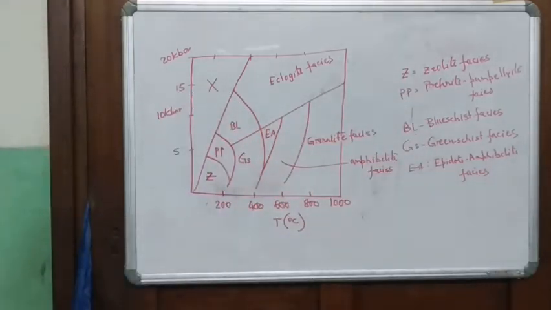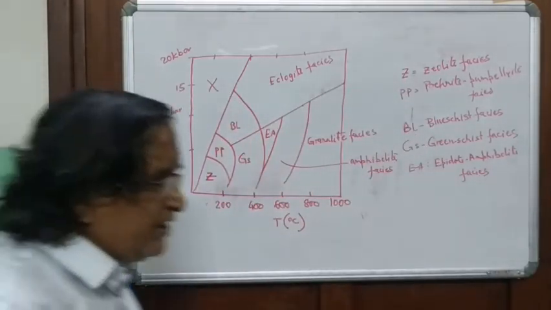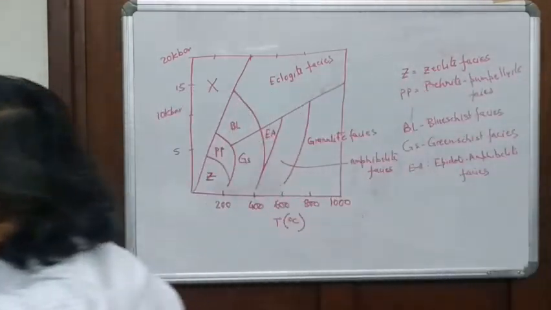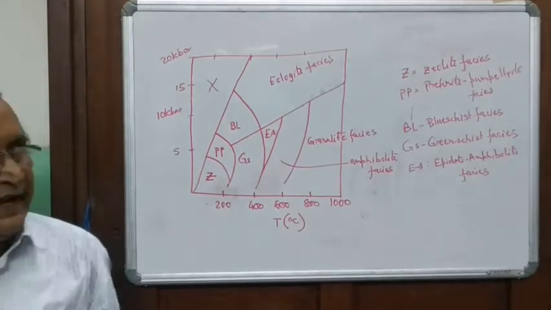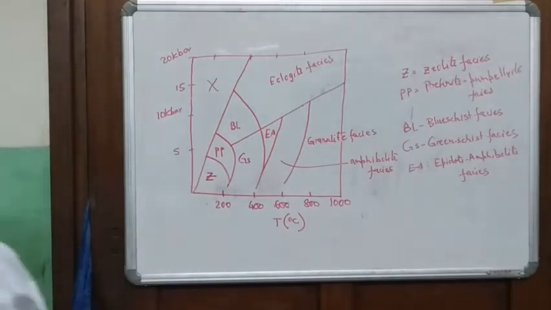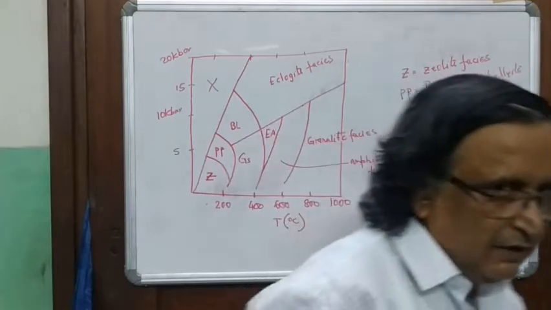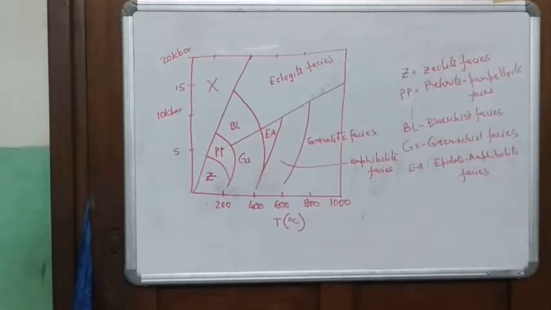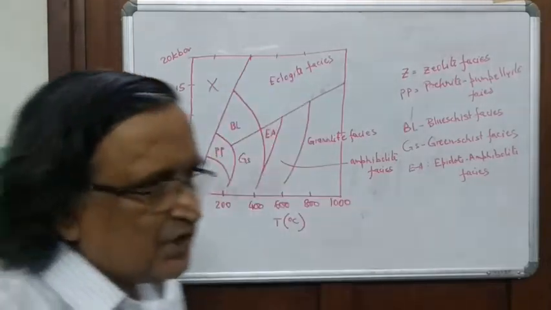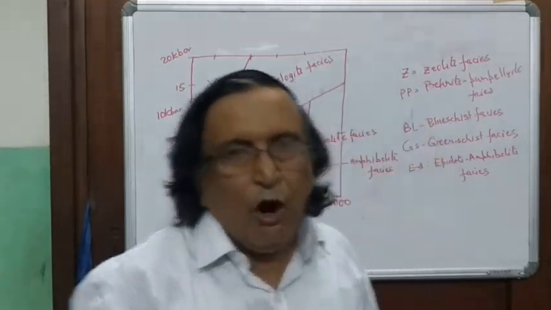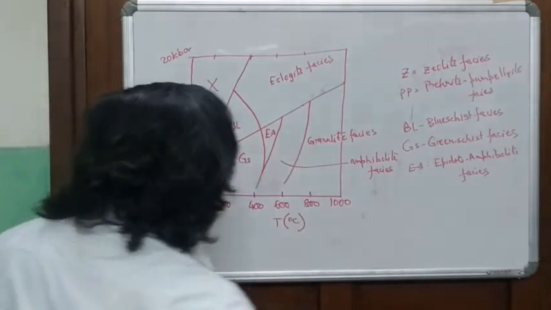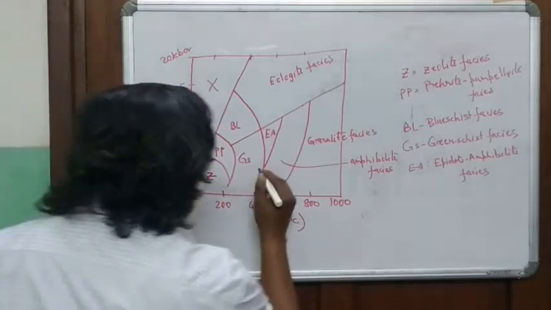Now, I won't go into the details of this phase diagram because I would have to talk in much more detail for you to understand what it means. But I will give you this because this is the classification of metamorphic rocks. Only I will tell you that there are two lines here which I need to draw.